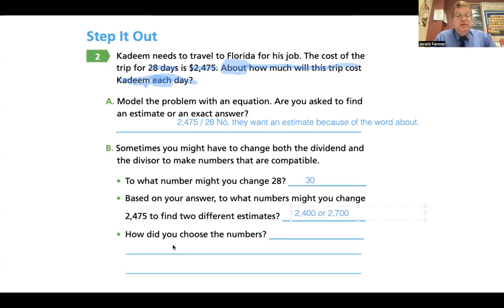I would choose 2,400 divided by 30 equals, cross out the zeros. There's only going to be 1 zero left. 24 divided by 3 is 8. So the answer would be 80.